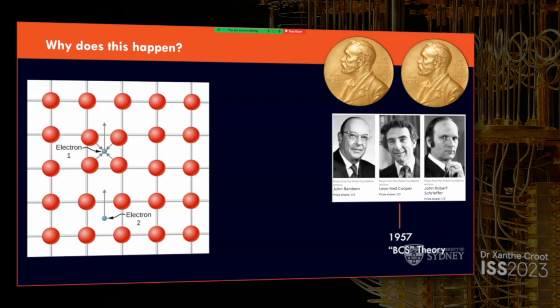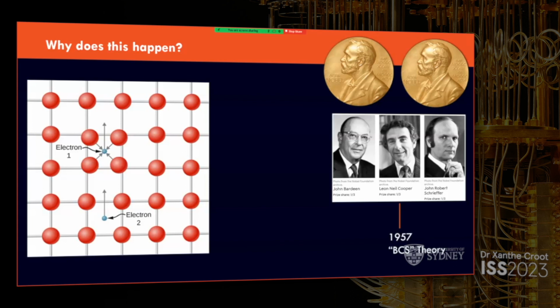But these men proposed the idea that as an electron moves through the lattice, it attracts the positive ions around it, just momentarily, creating a region in the lattice with an area of extra positive charge.